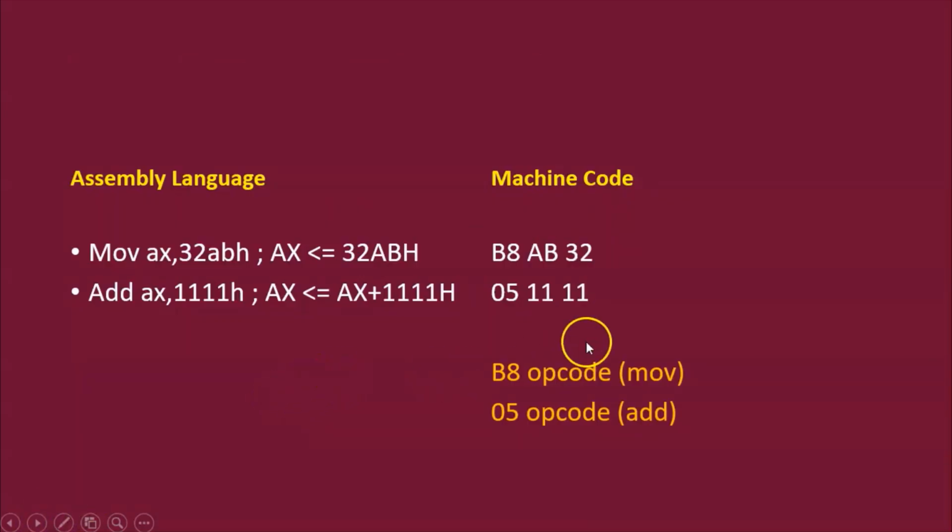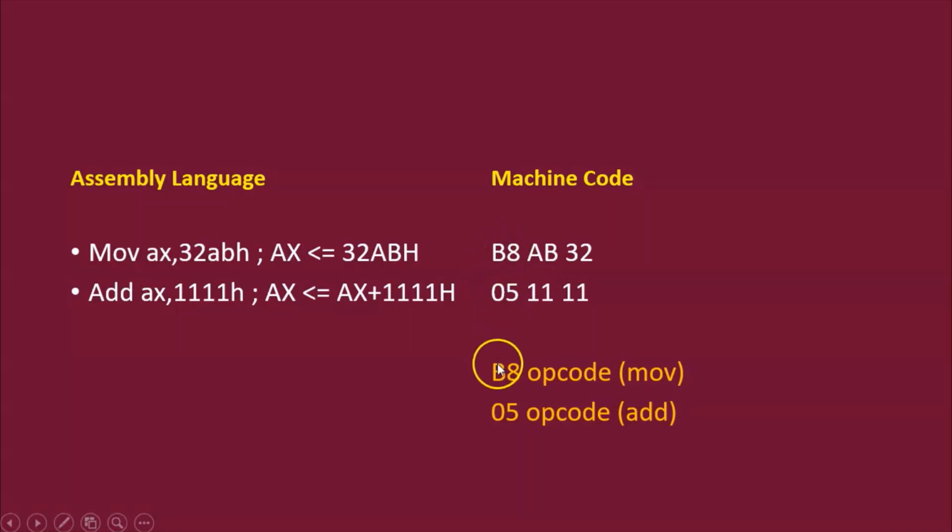Okay, so from this machine code, we can identify which opcode, which operand. If you look at the value here, it comes from 32AB, and these values represent operand. And opcode, operation code, normally refers to the instruction.